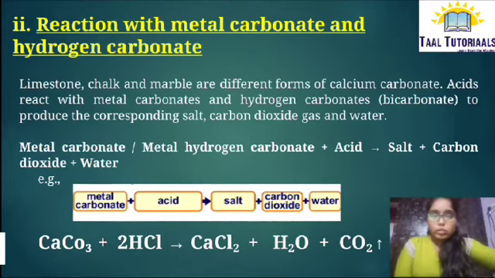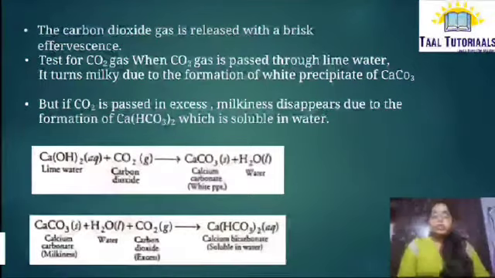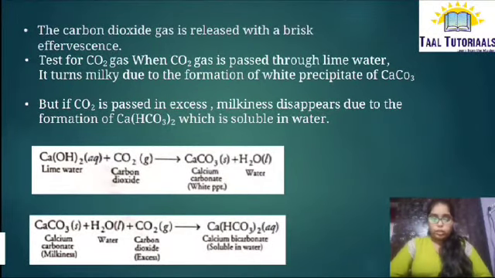Okay. Next, see, the carbon dioxide is evolved, as I told in the previous slide. Yes, there should be some test to identify whether carbon dioxide is evolved or not. Yes, the carbon dioxide gas is released with a brisk effervescence. You can see a slight effervescence in the test tube.